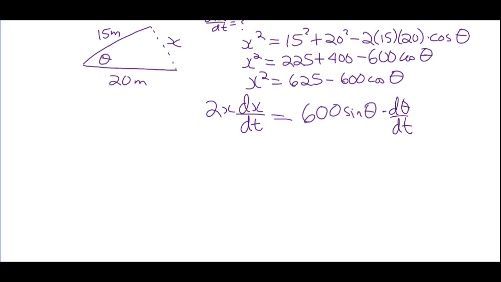Divide both sides by 2x, and we get 300 sine theta over x times d theta by dt, which we know.